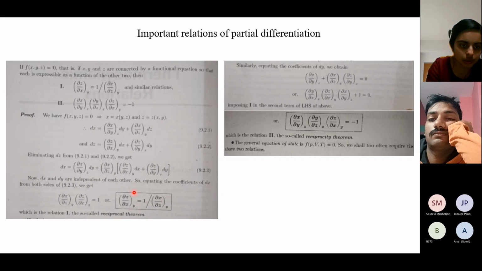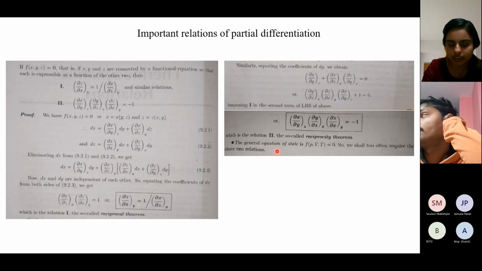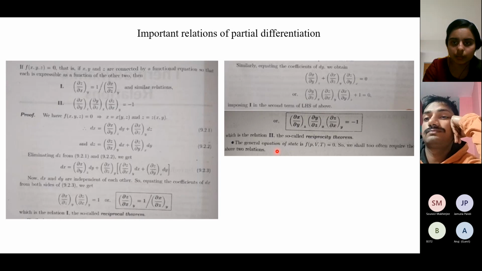And this is called the reciprocal theorem. And then we have the cyclic rule: ∂x/∂y at constant z times ∂y/∂z at constant x times ∂z/∂x at constant y is equal to -1. So these relations are very useful in solving questions, and one has to be very well versed in dealing with this kind of equations.